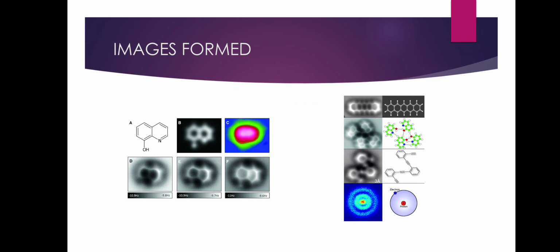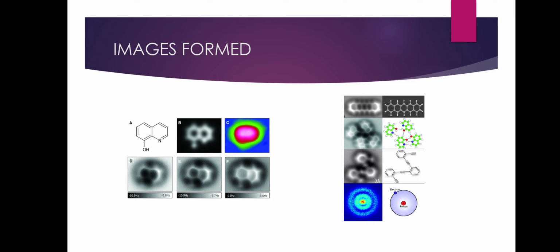So now we can see these are the images formed by the AFM. It helps us in studying the bonding of molecules, and we even get to see the images of atoms and small objects. It helps us to see how the molecules are connected to each other, the type of bonding they have.